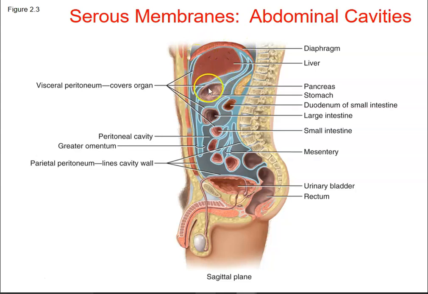All the organs like liver, stomach, and intestine are covered by serous membrane. When the membrane lines the wall, it's still serous membrane, but the name changes: it's called the parietal peritoneum. The serous membrane that covers the organs is called the visceral peritoneum.